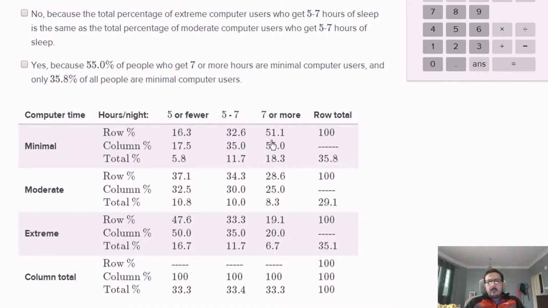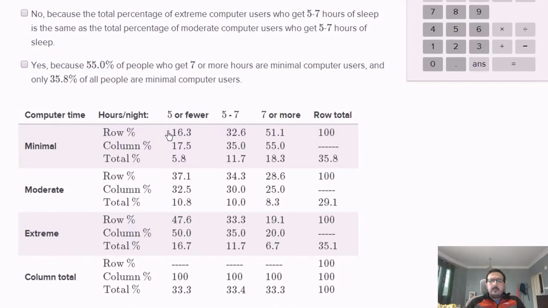And before I even look at the choices, let's see if there's an association. It does look like, if you look at minimal computer users, only 16% get 5 or fewer hours. A higher percentage gets 5 to 7 hours, and 51%, the highest percentage, gets 7 or more.